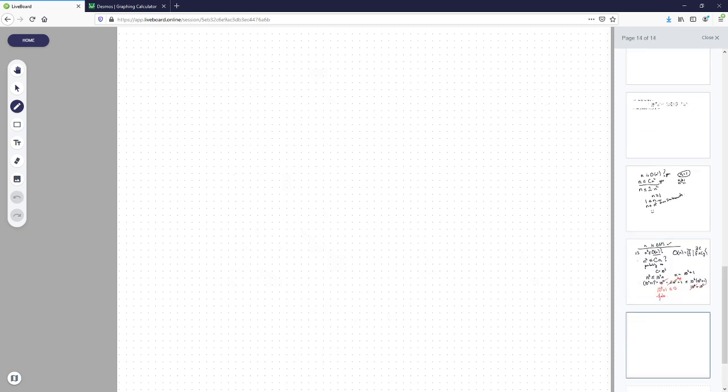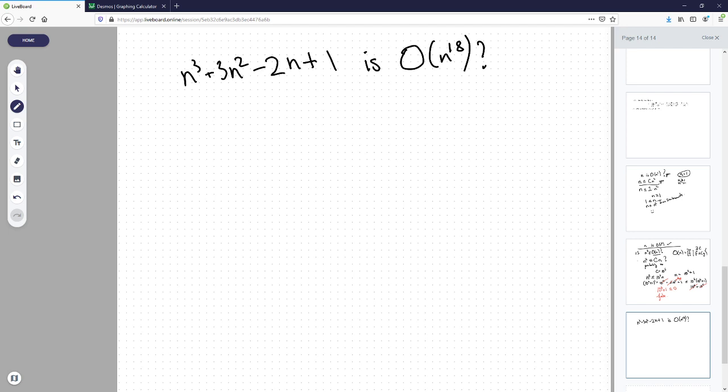Okay, so let's think about it this way. What about n cubed plus 3n squared minus 2n plus 1? Is that big O of n to the 18th, say? So that's a good question, right?